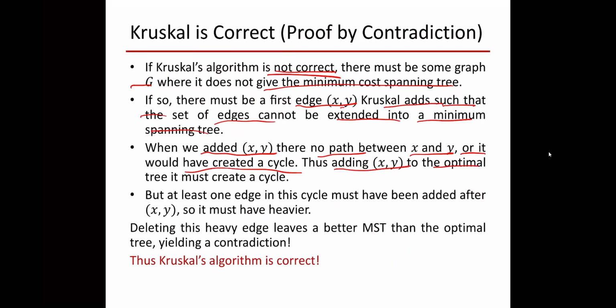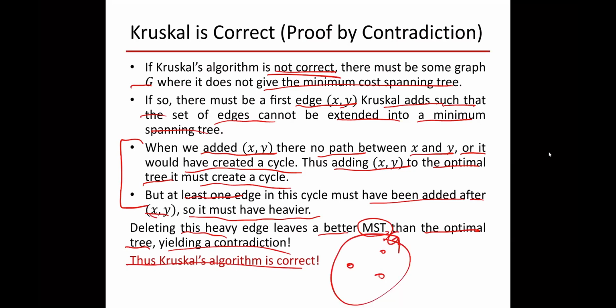By adding XY to the optimal tree, it must create a cycle, right? But at least one edge in the cycle must have been added after XY. So it must be heavier, or it creates the cycle. Therefore, deleting this heavy edge leaves a better MST than the optimal tree, yielding the contradiction. So let's say there's a new connection: an X and Y connection, and there is V1 and V2.